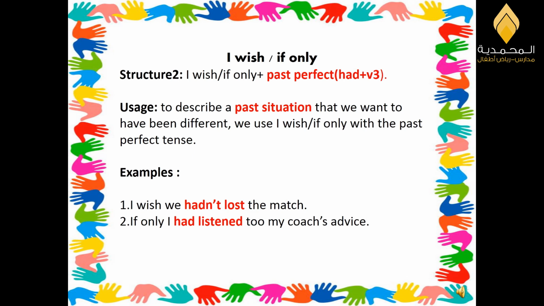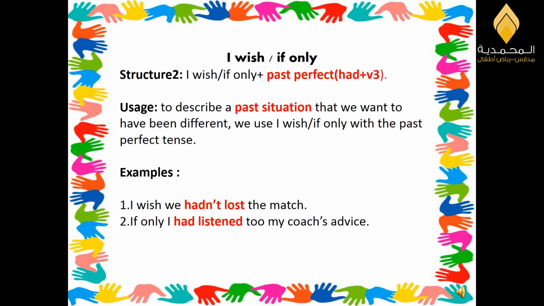For example, I wish we had not lost the match. Did we lose the match? Yes, we did. Okay, so we wish that we had not lost the match. And this thing happened in the past. Yes, it happened in the past. That's why I'm using the past perfect. The second example, if only I had listened to my coach's advice.